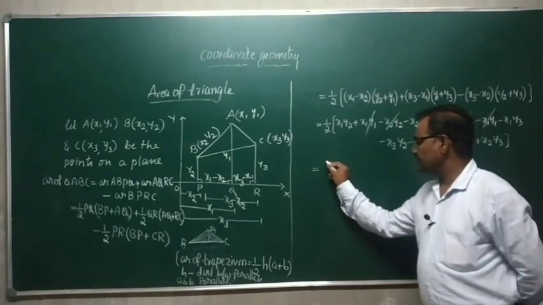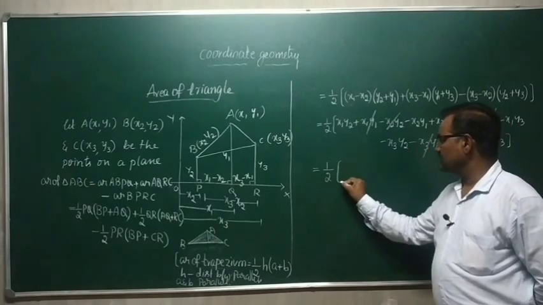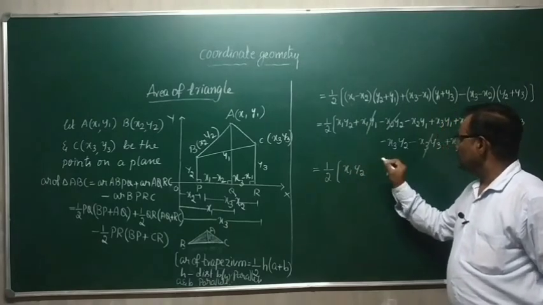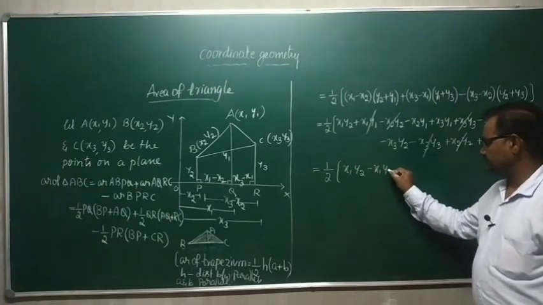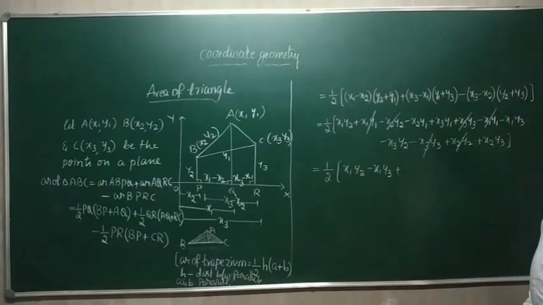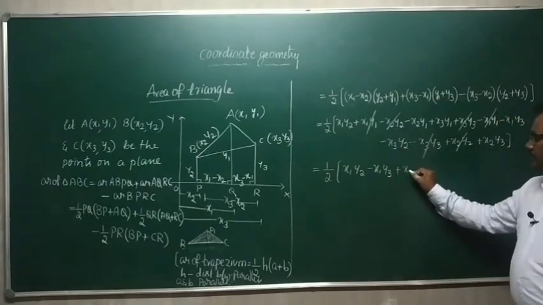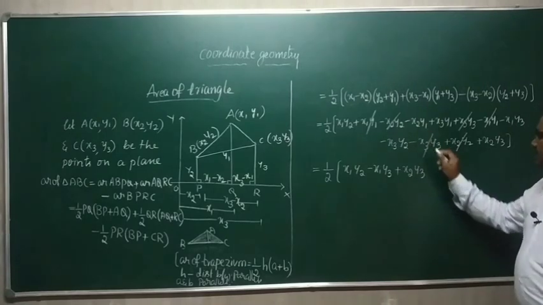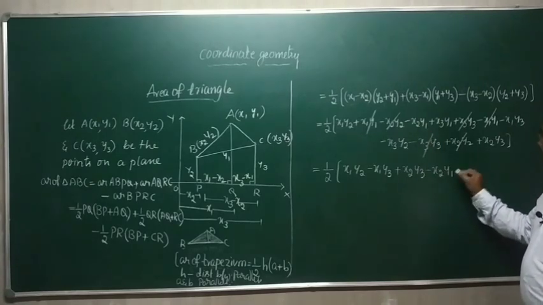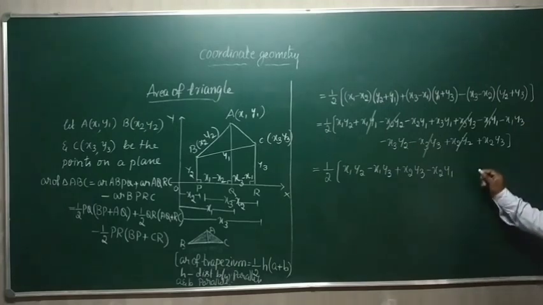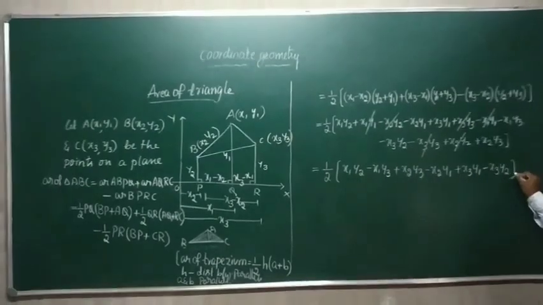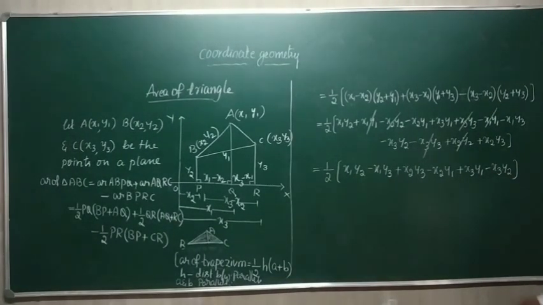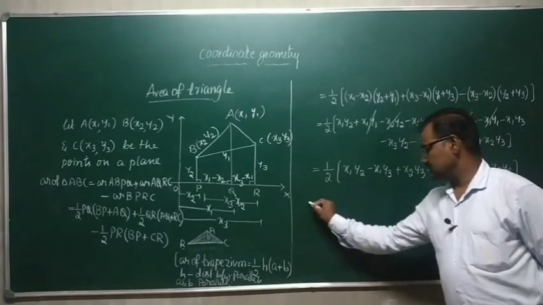Therefore, we can write and rearrange the terms here: x1 y2 minus x1 y3, plus x2 y3 minus x2 y1, and plus x3 y1 minus x3 y2. Yes, I have rearranged the terms according to x1, x2, x3 terms.